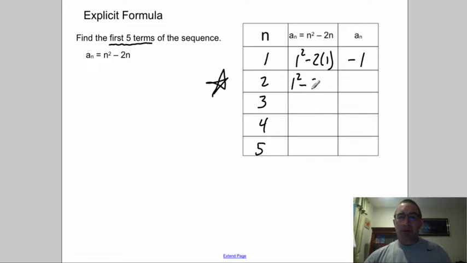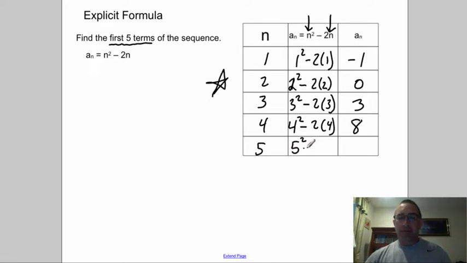2 squared minus 2 times 2. That's 4 minus 4 is 0. 3 squared minus 2 times 3. Notice I'm putting in n in my formula wherever I see an n. 9 minus 6 is 3. 4 squared minus 2 times 4 is 8.